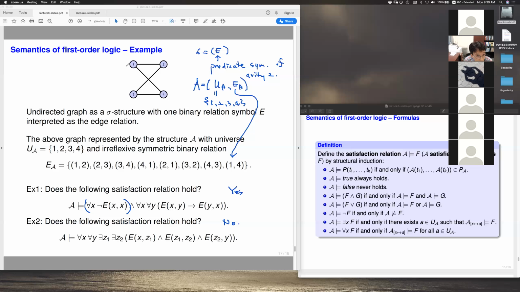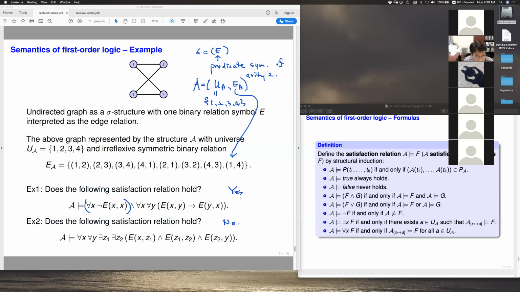If our graph had a cycle like a self loop like this, then the first conjunct would have been false, but that's not the case. In our graph, there are no self loops, so this first conjunct is always going to be true.